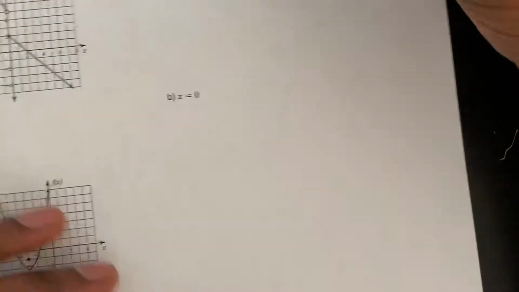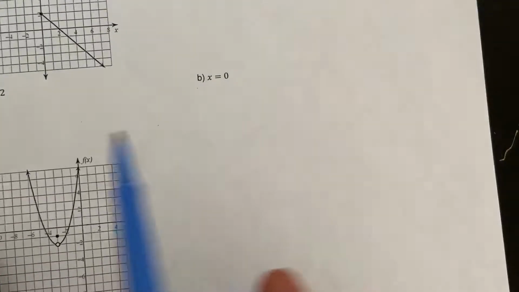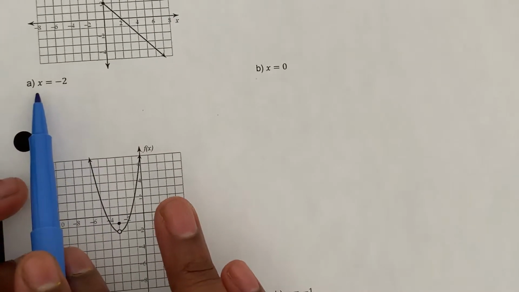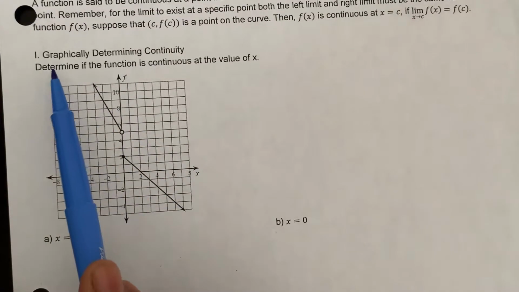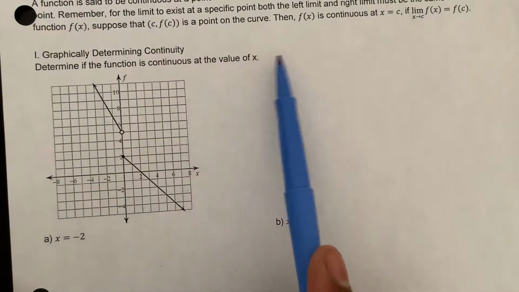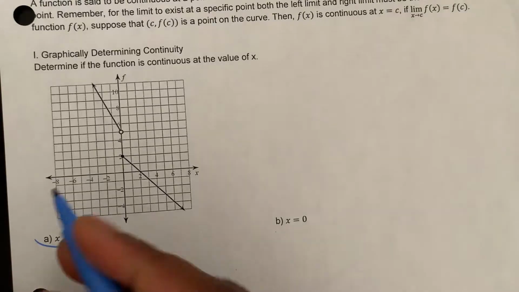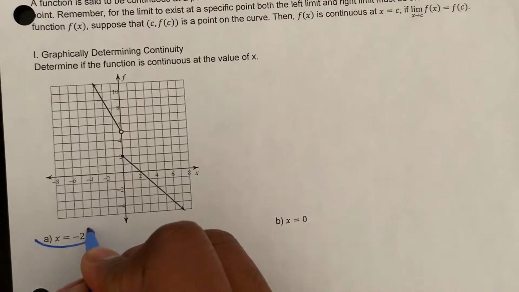So graphically, we are determining if the function is continuous at the value of x. Now we have two cases. First, we have x equals -2. So x equals -2.